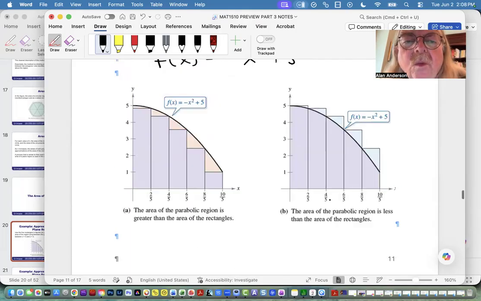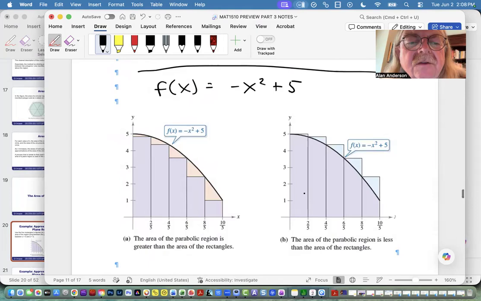And so what we're going to do here is on the left, we have rectangles drawn so that once we choose the left endpoint, we then connect the top of the rectangle to the curve. Or in other words, each of these has to have the same width, which as you can see in this case is 2/5.